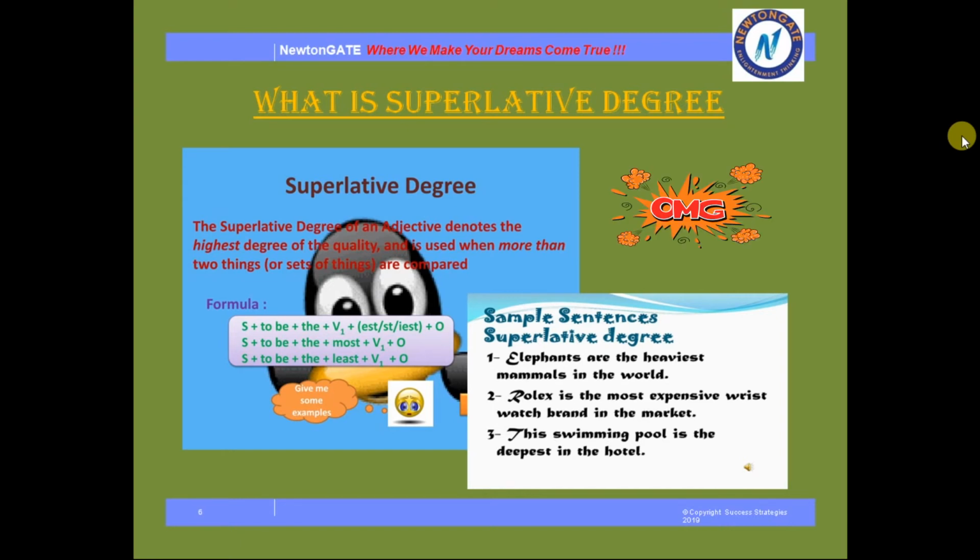Here is an example: Elephants are the heaviest mammals in the world. So I am comparing elephants with many mammals. For that reason, I used heaviest. I didn't say heavier. The right term is heaviest. So you understood where we can use positive, comparative and superlative degree.